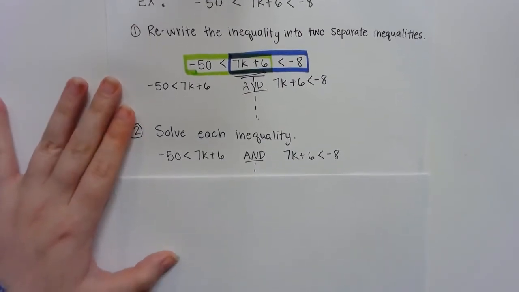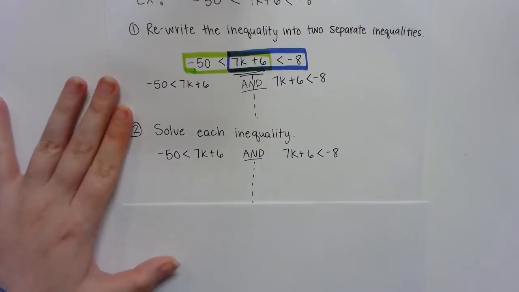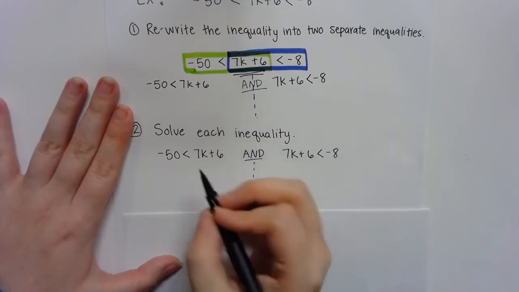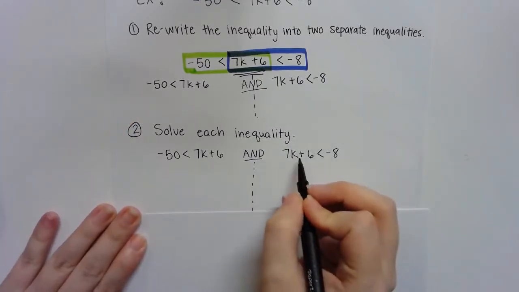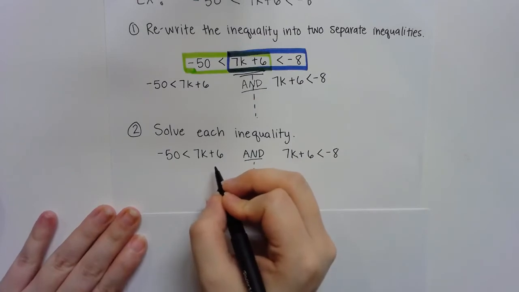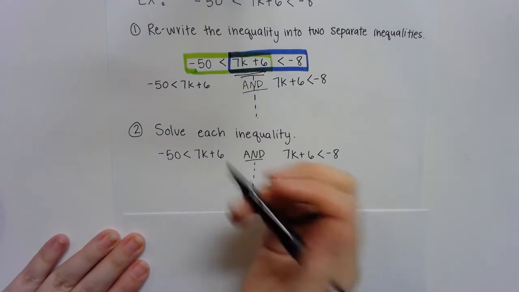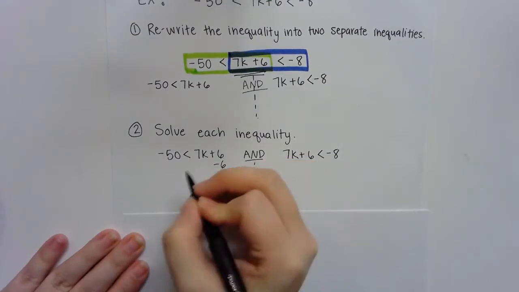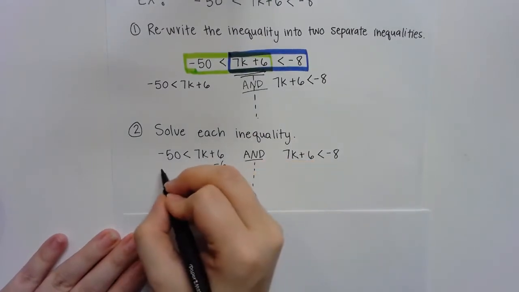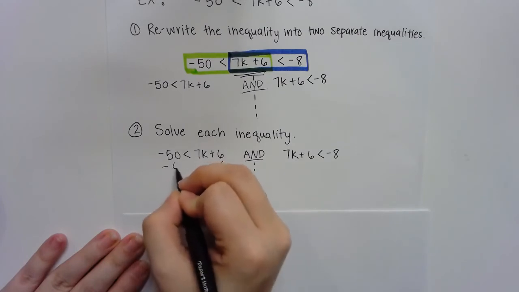As we solve each inequality, it's going to feel a bit repetitive because we are getting rid of the same things on both of these. Just like a two-step equation, just like a two-step inequality, we would solve this by subtracting 6 and subtracting 6.